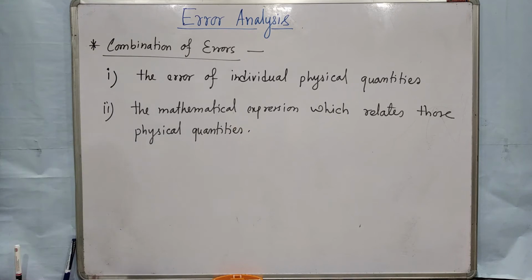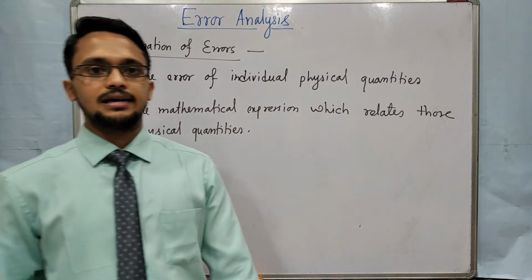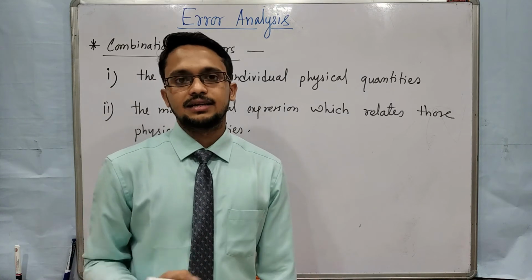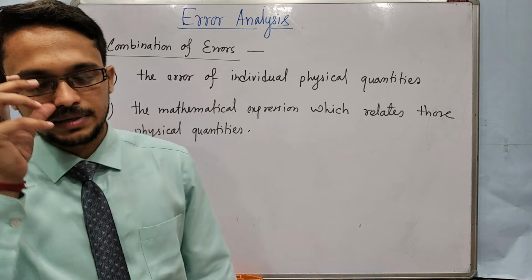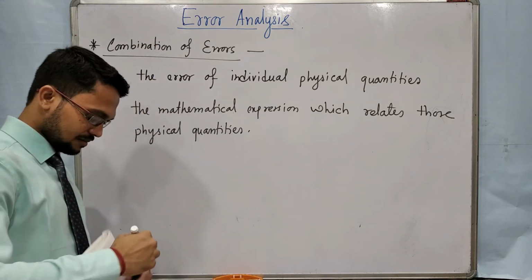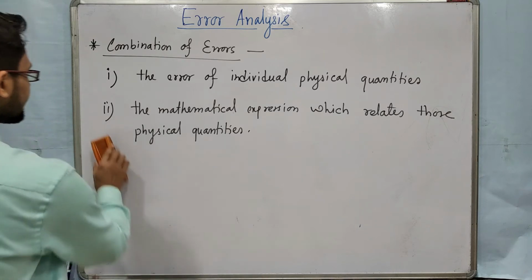Okay, understand? Now there are lots of operations like addition, subtraction, multiplication, division, power on the physical quantities. So we will see one by one and we will see how to calculate those errors one by one.